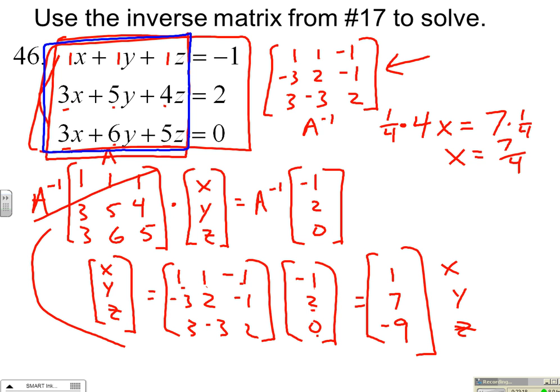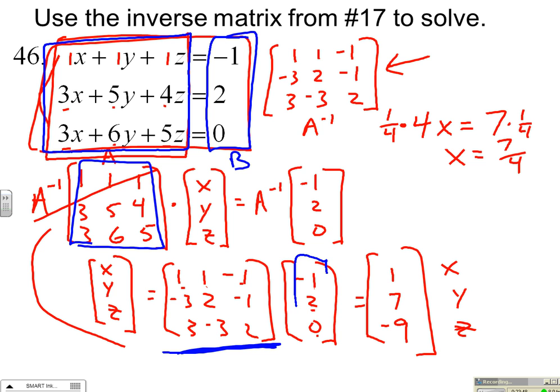The only thing that changes is the values we have over there. And let's say we had to do that 100 times a day, but matrix A never changed. Only matrix B right here changed. And if matrix B changed, all we would have to do is use matrix A's inverse right here, and we would just have to change these values, those 3 values, and doing that in a spreadsheet is incredibly efficient, and much more so than going back in and RREFing in your calculator over and over.